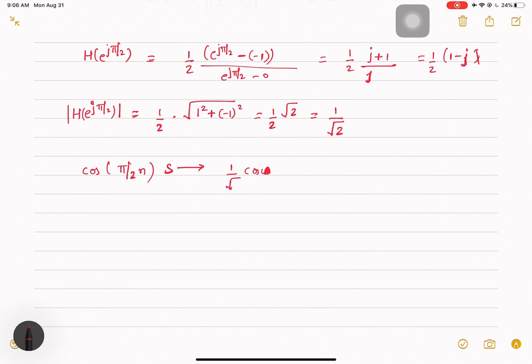The frequency will remain the same. Similarly, if you pass cos pi by 4 n, the magnitude that you multiply by will be different. Suppose you pass a cos pi by 2 n, the magnitude will become a by root 2 cos pi by 2 n. So that's about the geometric evaluation.